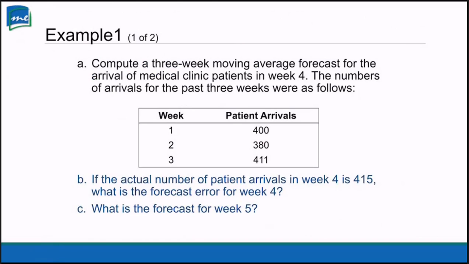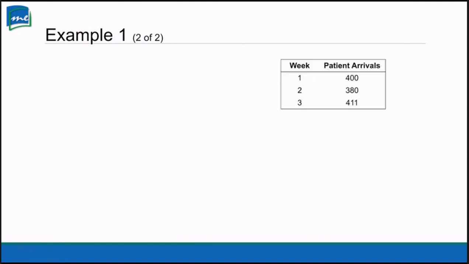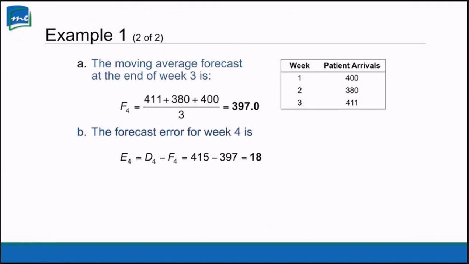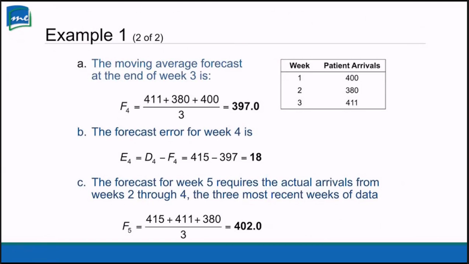And for question C, what is the forecast for week 5? We still use a 3-week moving average. For question C, we can see the moving clearly.